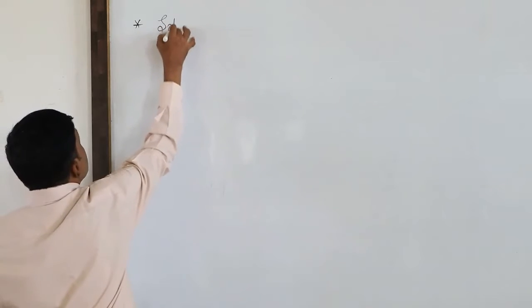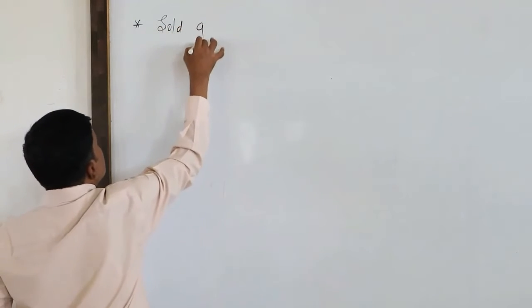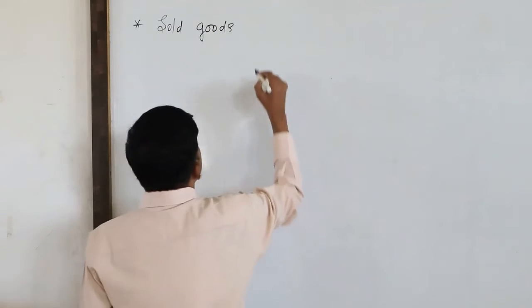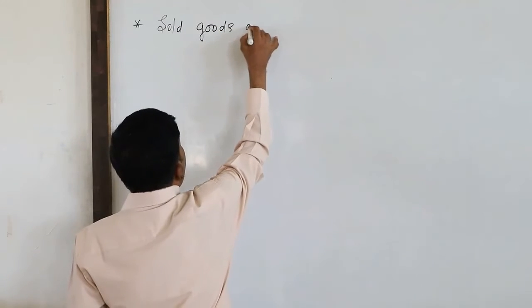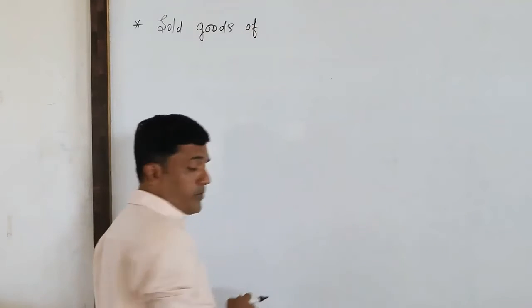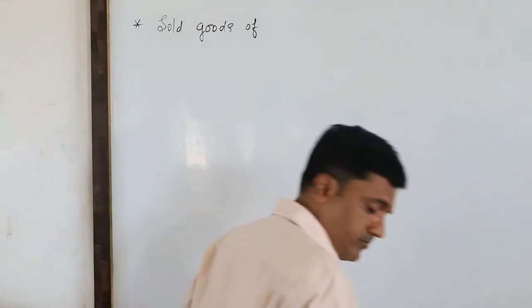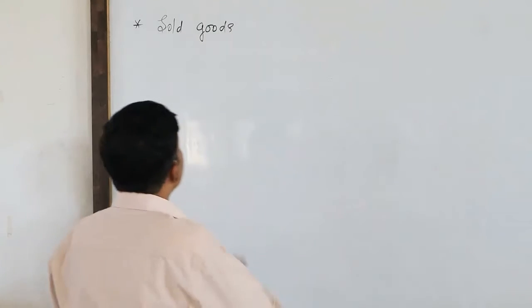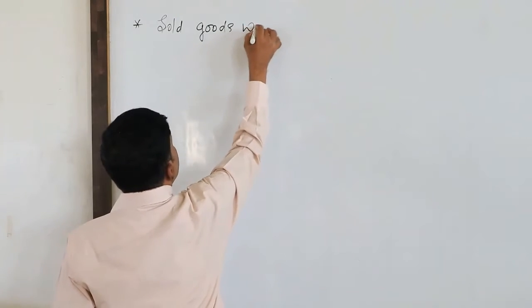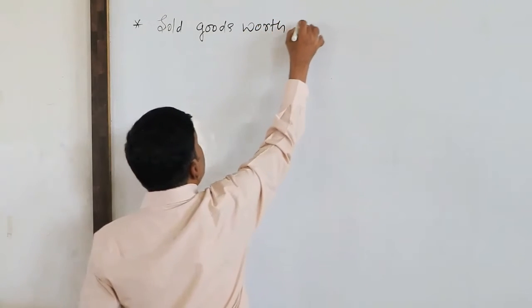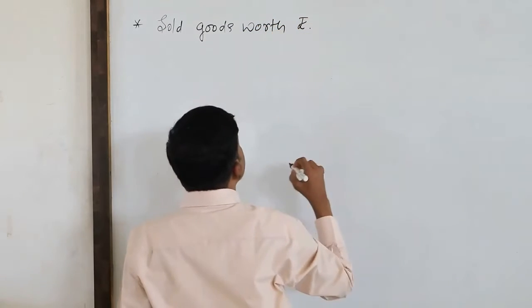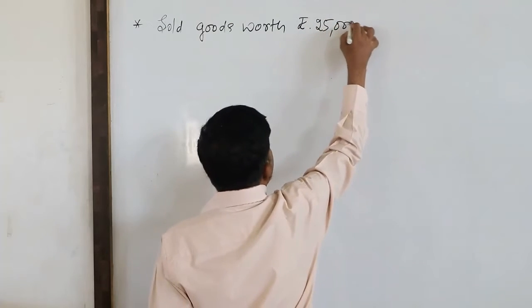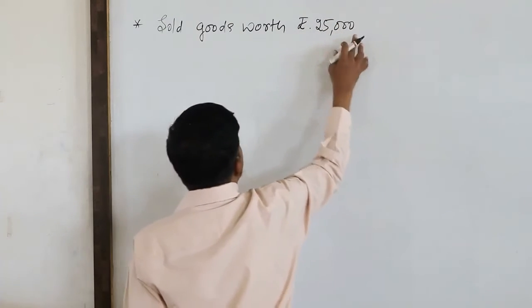Sold goods worth rupees 25,000. For the sake of example only, I am writing this amount.